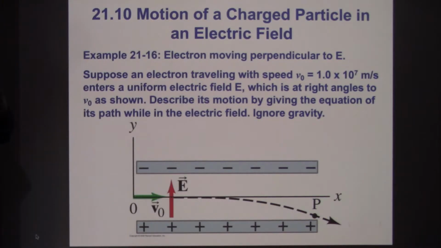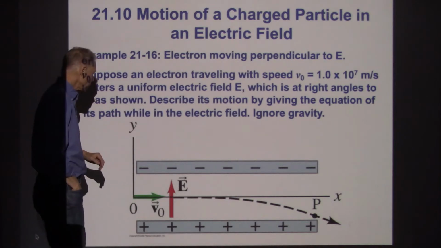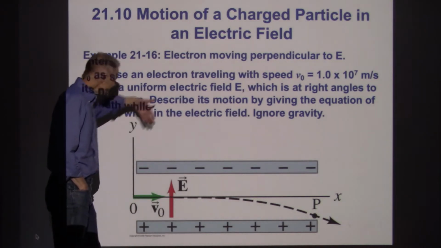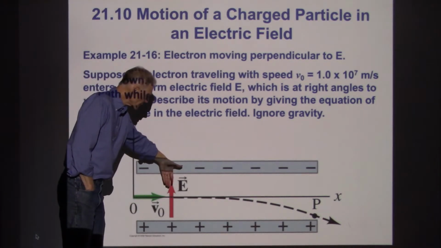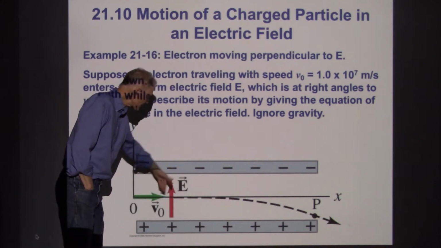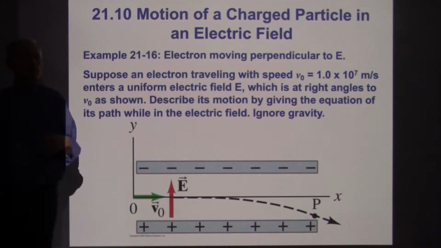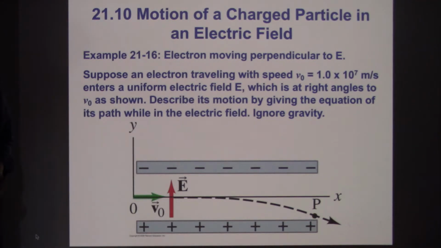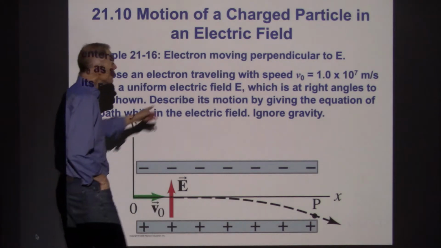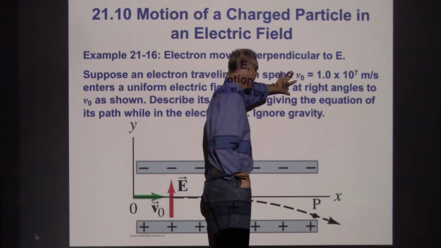Now what if we send these charged particles through, but instead of accelerating them to higher speeds, we send them through with the initial velocity along the distance between the two plates? Well, we're going to send in a beam of electrons.